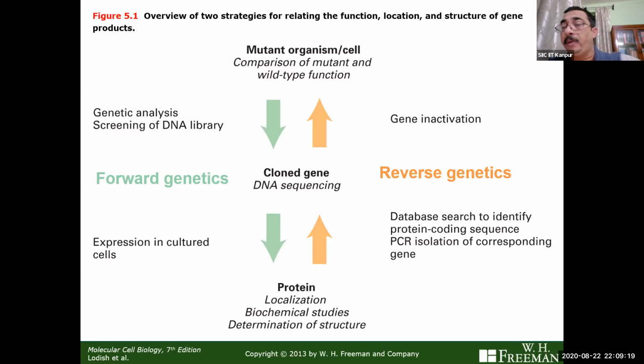If it is there, you are happy. If it is not, you play the next cassette and you keep on doing that till you get that cassette where your song will be played. So you screen through your cassettes. Similarly here, you screen through the DNA library. How the libraries are made, how the screens are done, etc. These are very sophisticated experimental techniques. I will talk about it a little later in a future class.